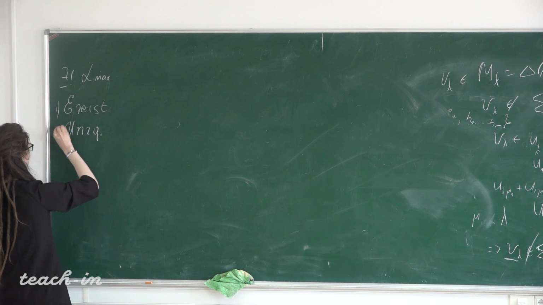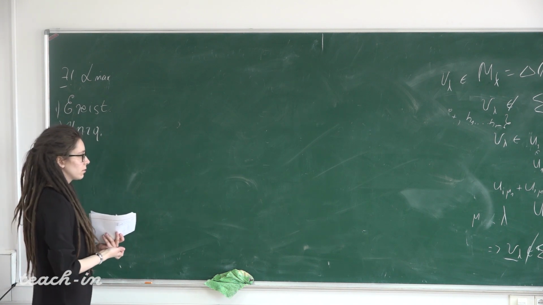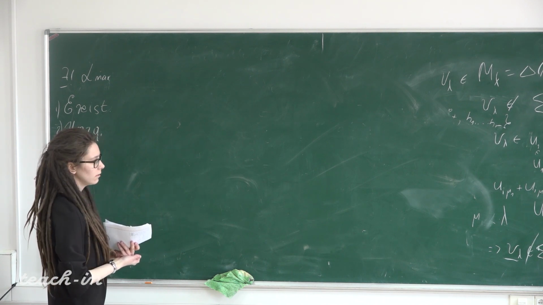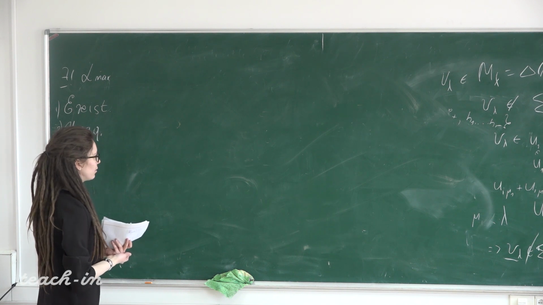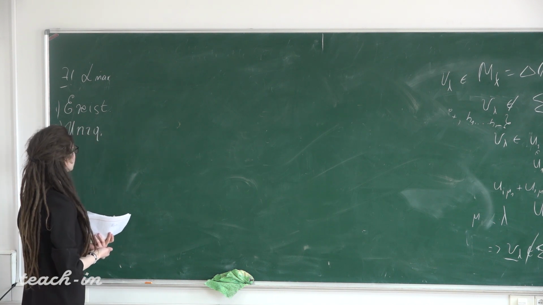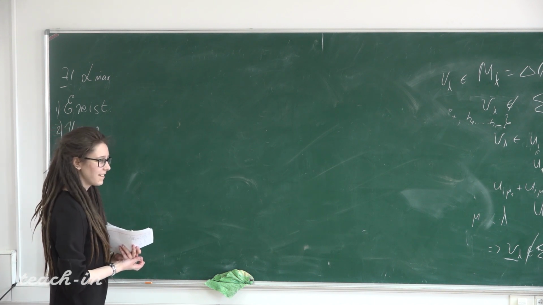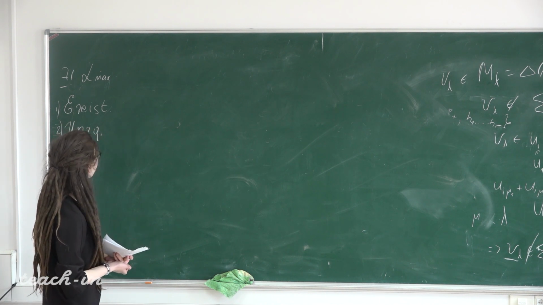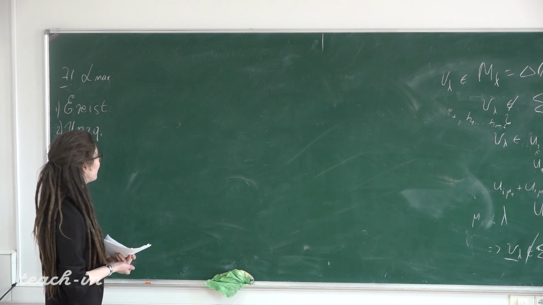With existence, I think it's pretty simple. We just need to say that the system is irreducible, so it should have at least one positive root. Even if it's not irreducible.